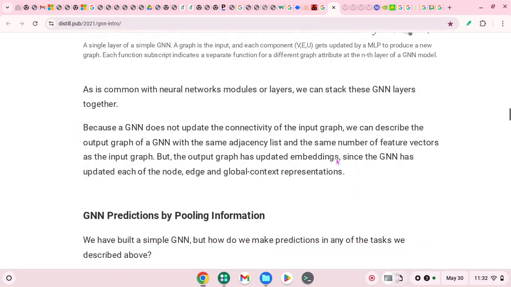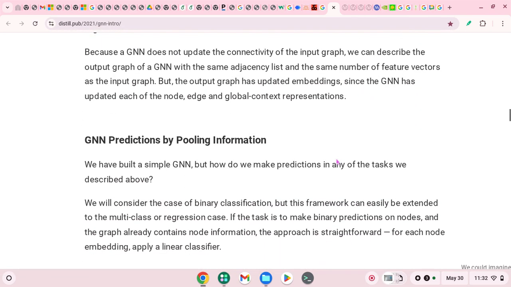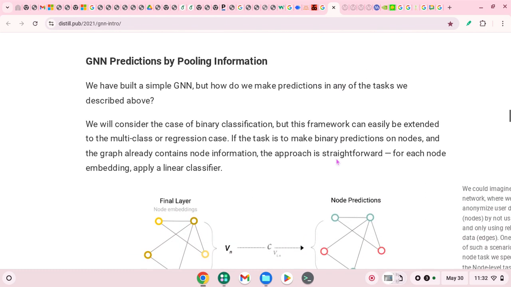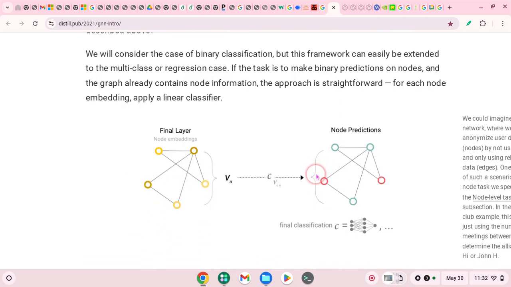So once the embedded information comes out from the final layer, depending upon the task, the final layer would be, for example, a binary classification. It would be a simple linear layer with a sigmoid function, identifying at the node level whether a node belongs to a particular class or not.